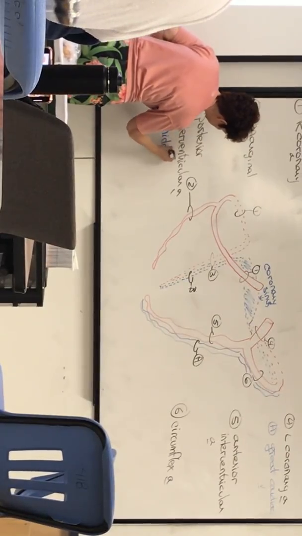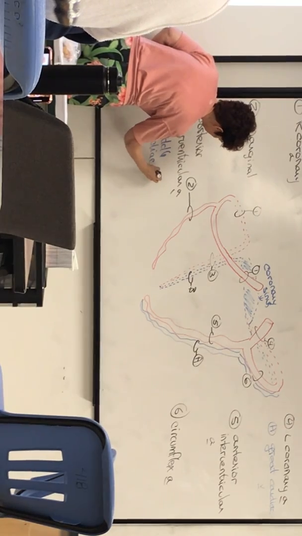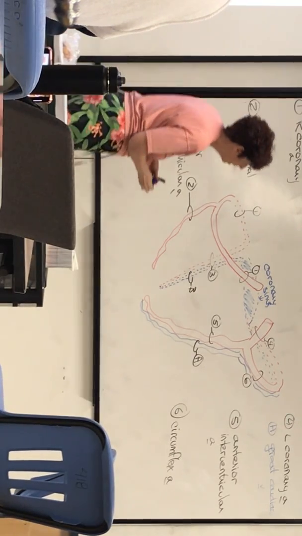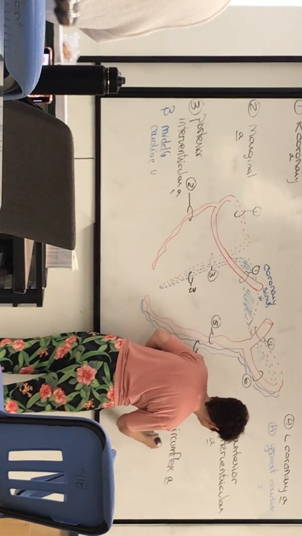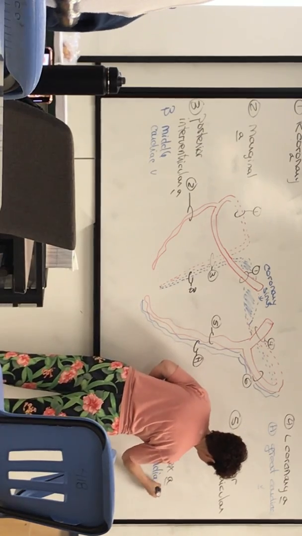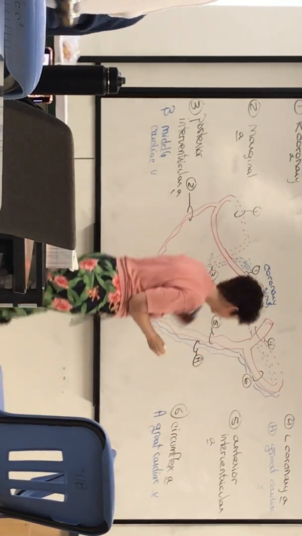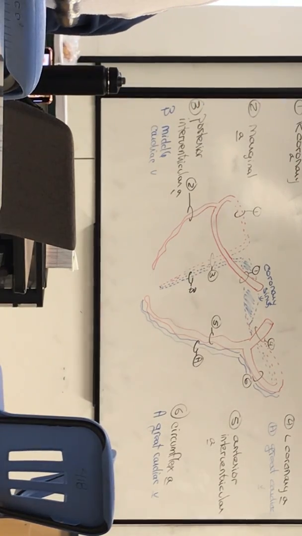And that is the middle cardiac vein. Let me put great cardiac vein over here with the circumflex as well. Okay? Then we have one more, and that's the small cardiac.